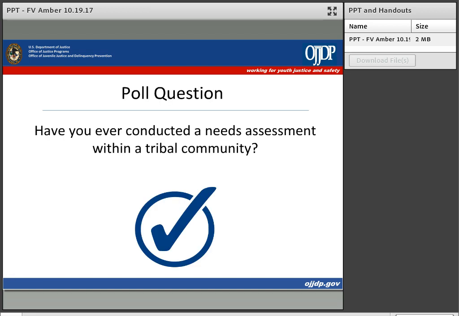And the assessment is key to this. And one of the challenges is that conducting a needs assessment within a tribal community is not the same as conducting one in any other community.